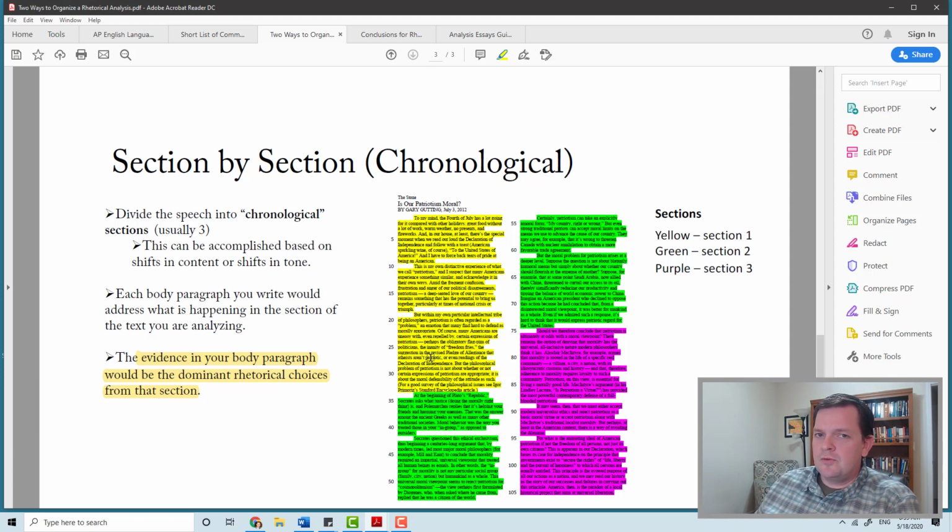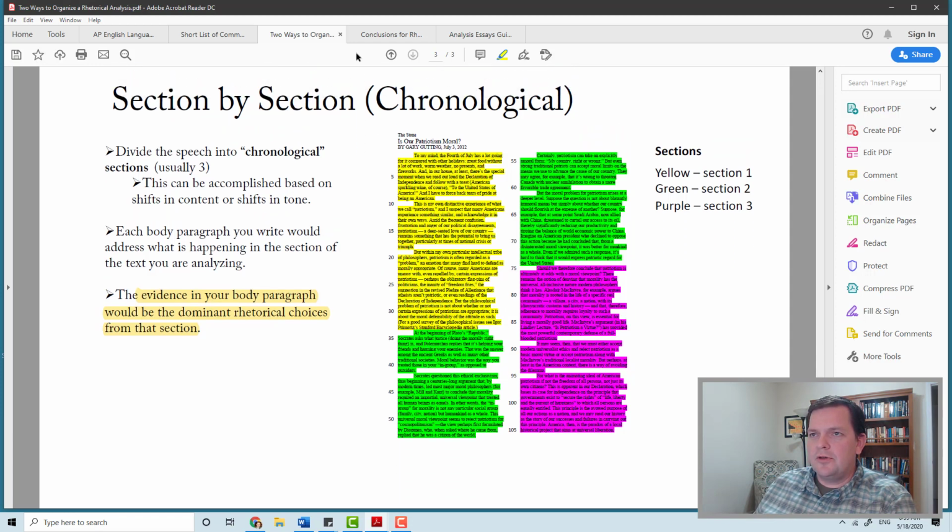And you also want to be careful that your thesis sentence is clear in the approach that you're taking, so that your audience knows that this is not just an accident, right? You didn't just stumble into this, but that you planned to approach it in this way.